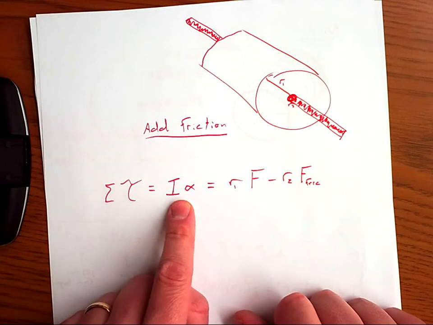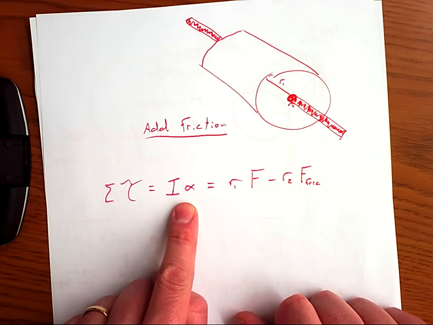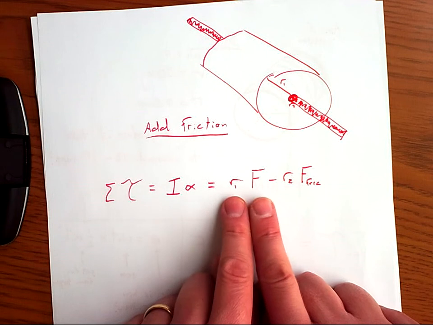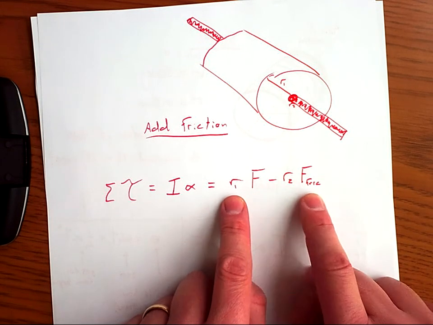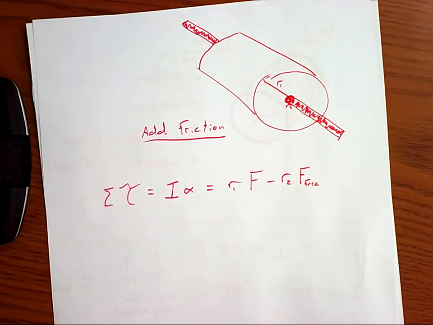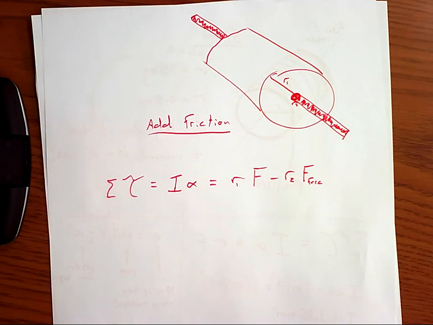And the torque I alpha remains the same, but this time I'm going to have to add together the R and the F. This is the R and the F, the force applied, that 10 newtons of force. And I'd have to subtract out the force of friction. This is going to reduce the amount of torque. I'm not going to go through and solve it. I'm just showing you what you would have to do if friction were present.